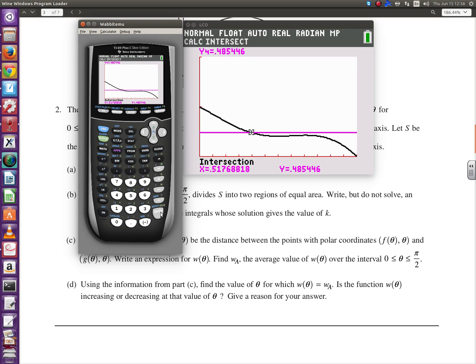All right, so this was 0.485446. Just jotting this down, and this is 0.518. But we're going to use 0.517688. How about that? Get a little more accurate. Okay, and so now remember what the question was.